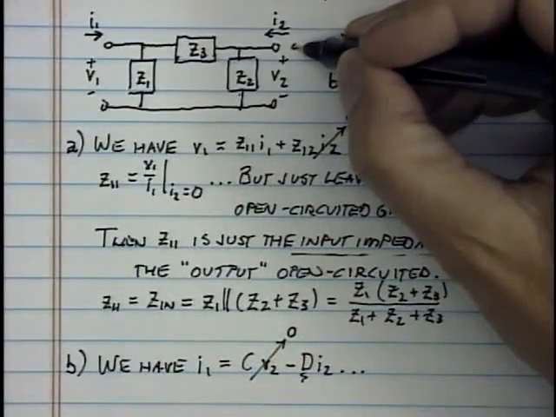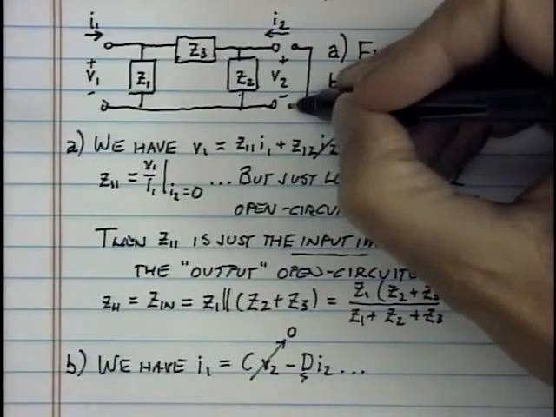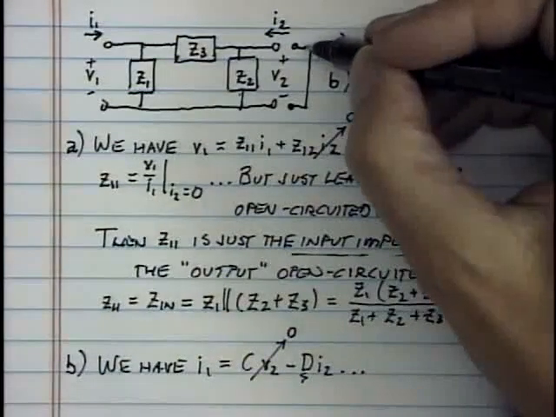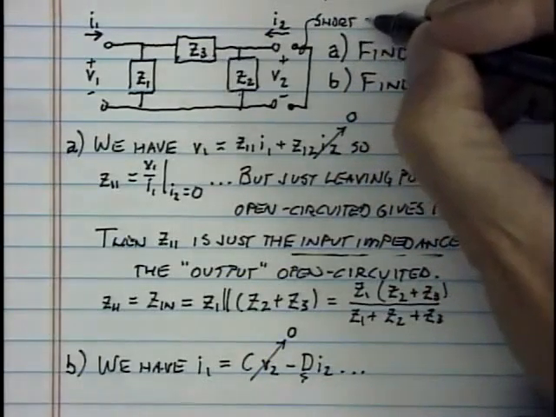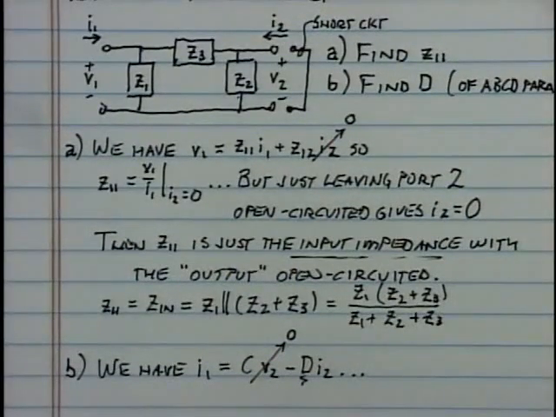How about if you just connected a piece of wire short-circuiting port 2 as shown here? This is nothing more than a short circuit. If I put a piece of wire there between the two terminals at port 2, sure would make V2 equal to 0.